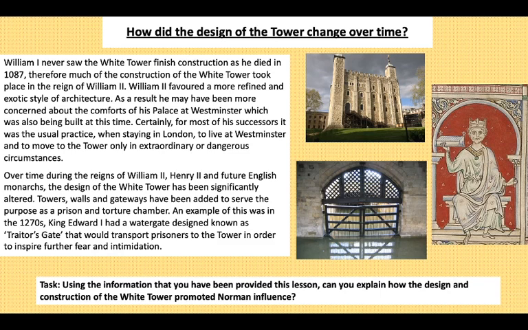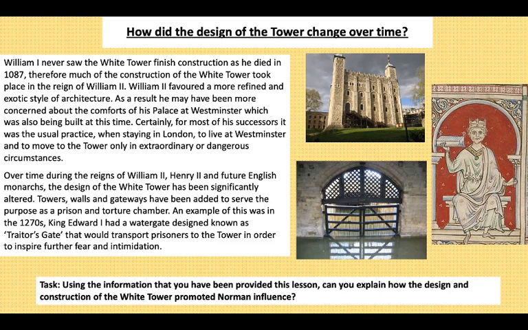Okay. Another thing that is important to point out is the design of the tower actually changed over time. Okay, so it didn't just stay as this magnificent, powerful, authoritative structure.